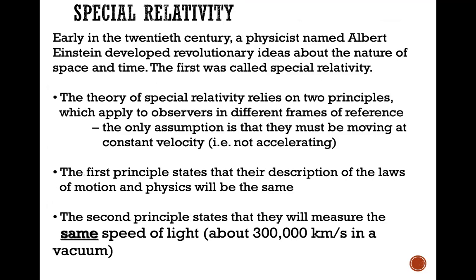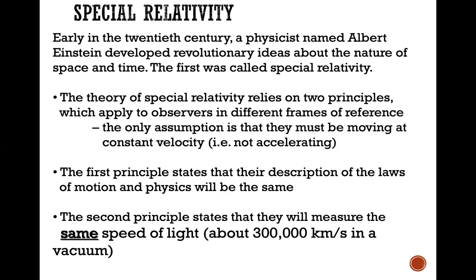When we talk about relativity, there are two theories. The first one is called the special theory of relativity, and this was introduced by the famous physicist Albert Einstein. I guess all of you know about him. This happened early in the 20th century, and the first theory he introduced in 1905 is called the special theory of relativity.